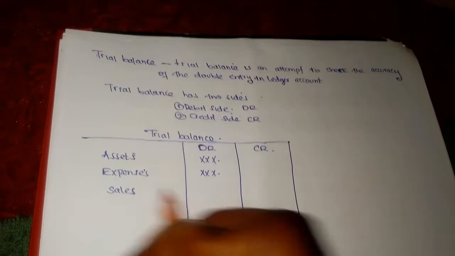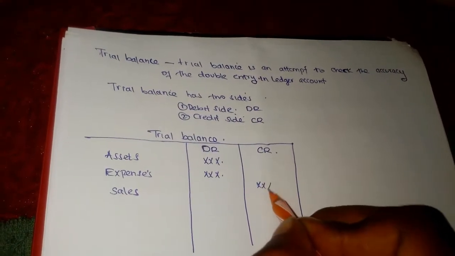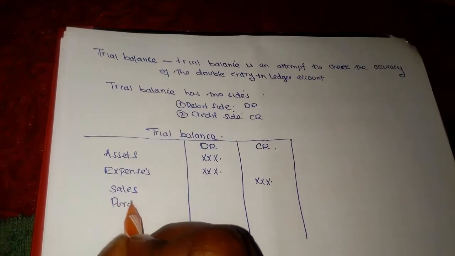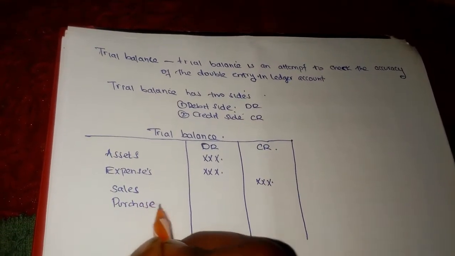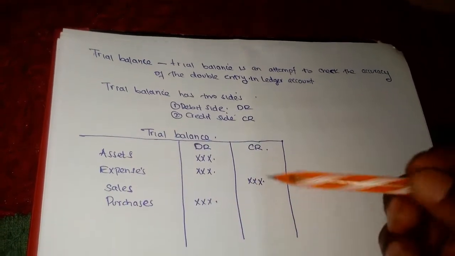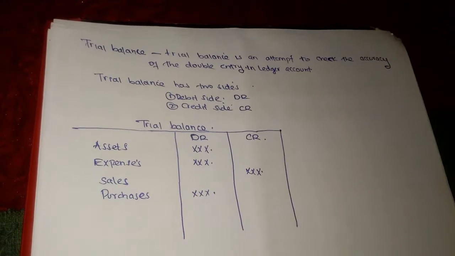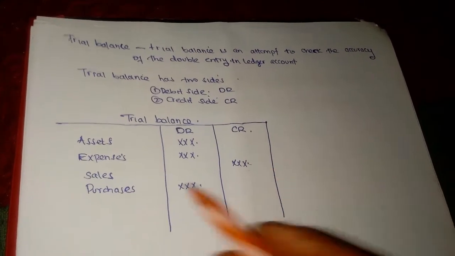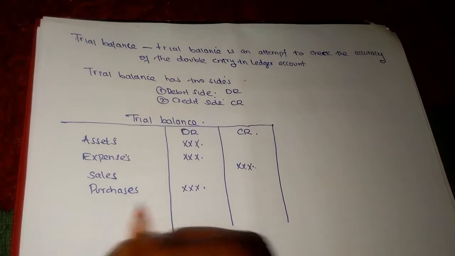Remember, sales go in the credit side. Then purchases, they add into a business, so they go into the debit side. Sales, you sell things out of the business, so they go to the credit side. Then purchases in the debit side.